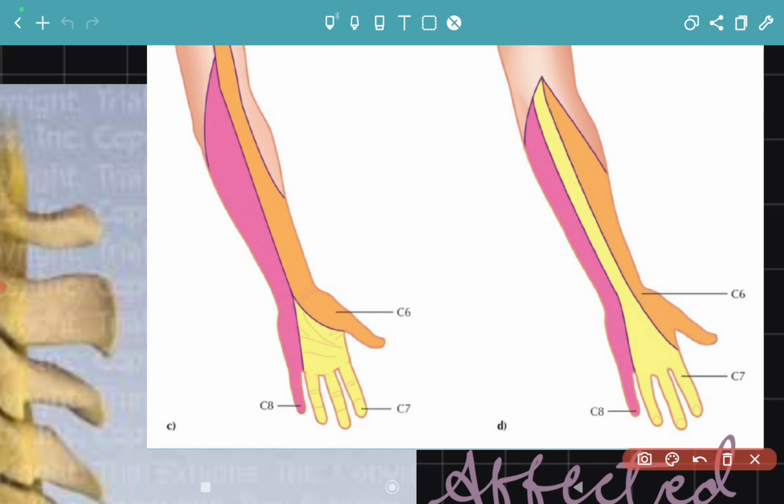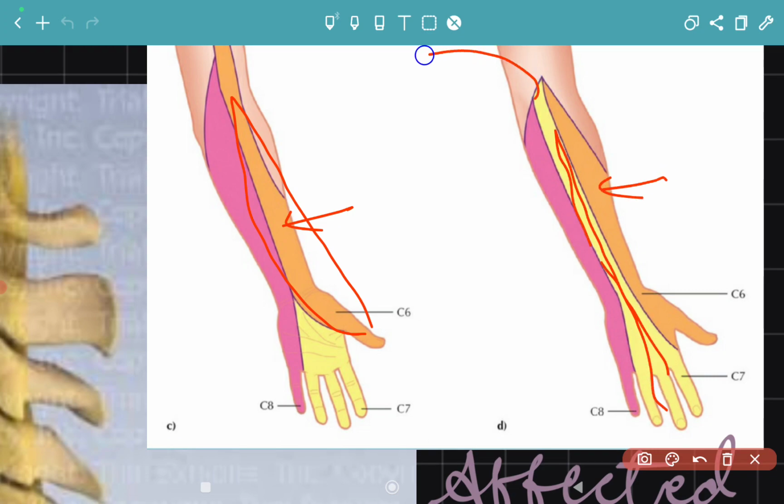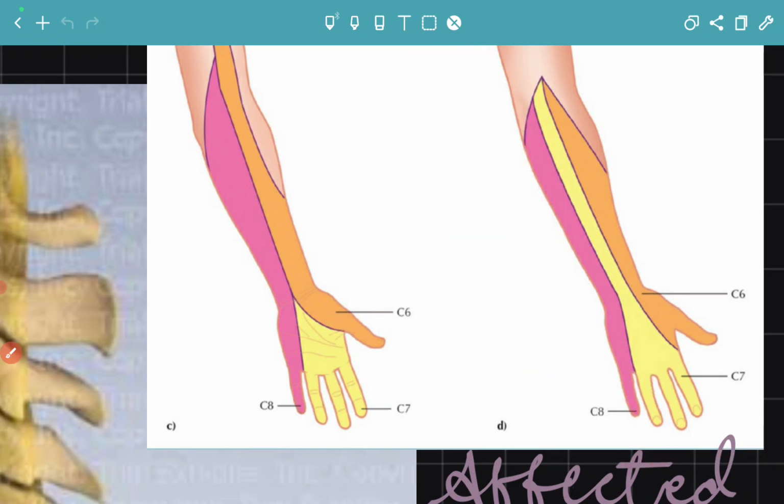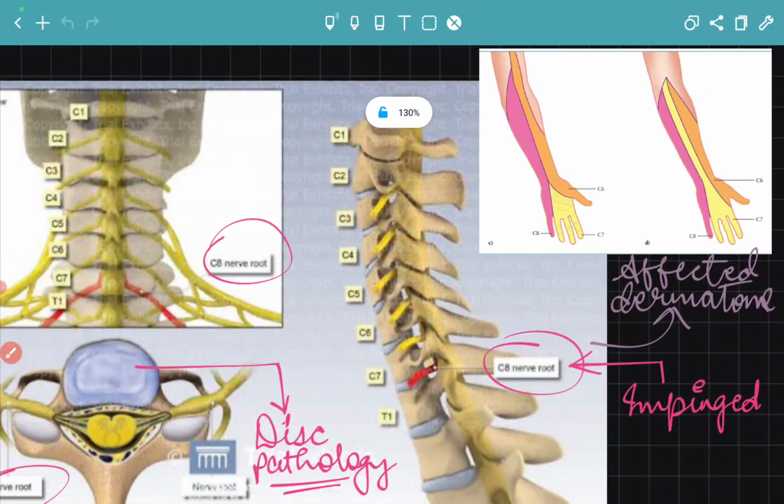Now here, if we are going to check the C6 dermatome in case of an impinged C8 spinal nerve root, you may find that in the C6 dermatome everything is fine. In C7 also everything is fine, and in other dermatomes also everything is fine, but the problem is over here. So we come to a conclusion that maybe the C8 spinal nerve root is impinged and the problem is coming from here, which is referred over here because the nerve is supplying in that course.